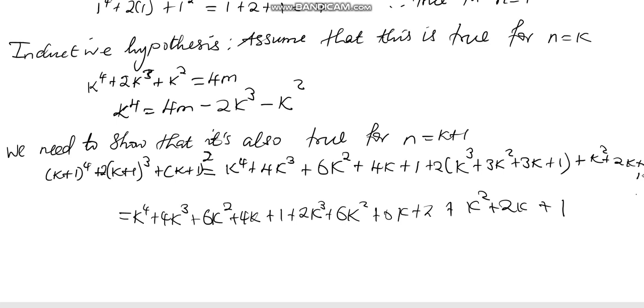So we get k to the power 4 plus 6k to the power 3, plus 13k squared, since 6 plus 6 plus 1 is 13. Then 4k plus 6k gives 10k, plus 2k goes to 12k.